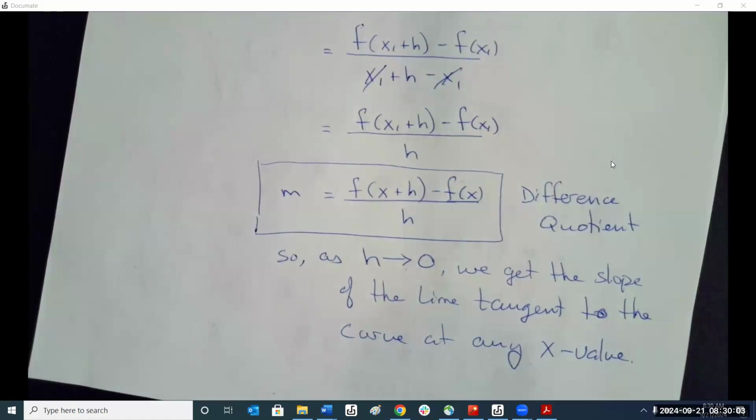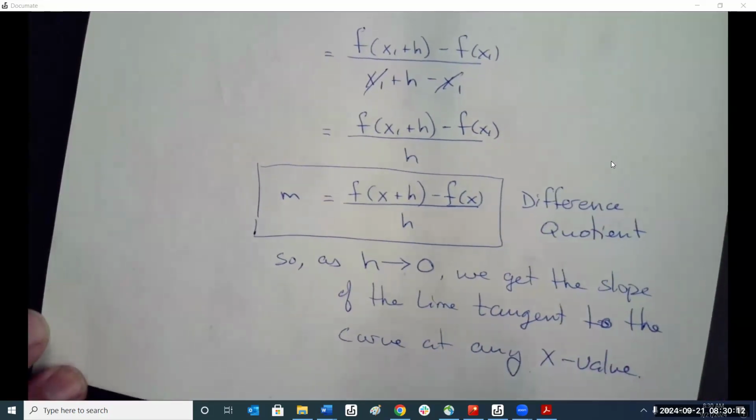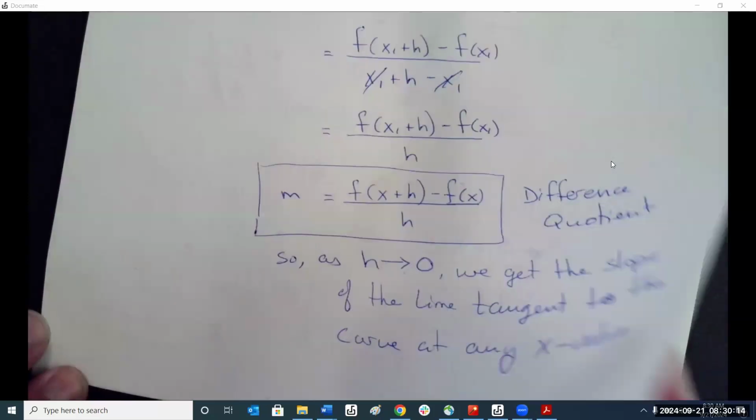All right, so that's what we're trying to do there. That's our entire goal of this difference quotient part. Let's see how it works.